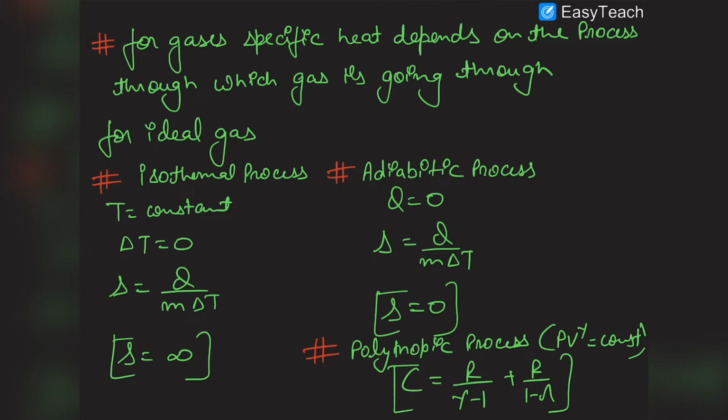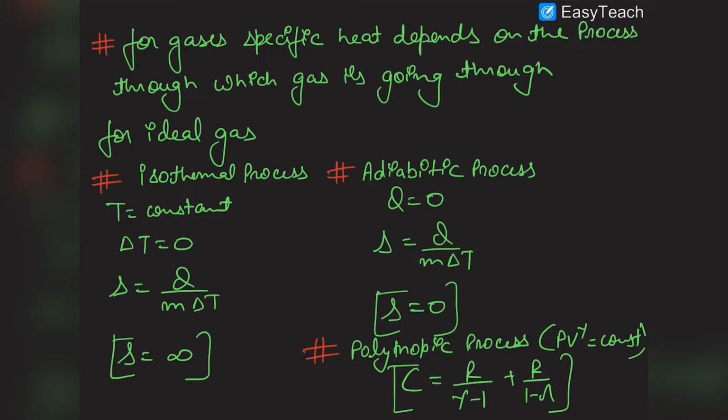Now for gases, you can see that the specific heat depends on the process through which that gas is going. So if a gas is going through an isothermal process, then the specific heat is infinity, because T is constant and delta T would be 0 and S would be infinity.